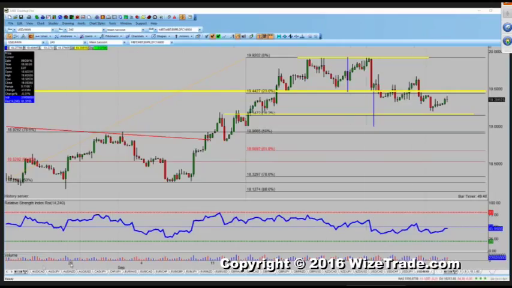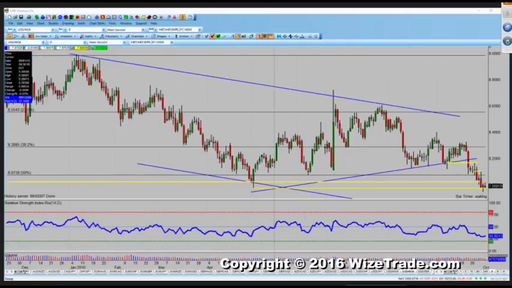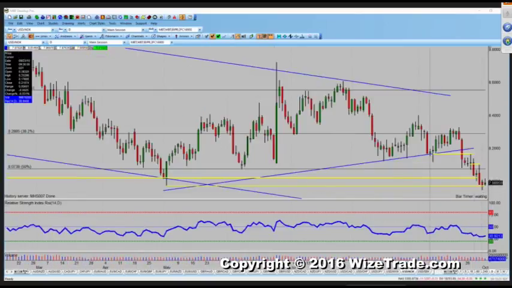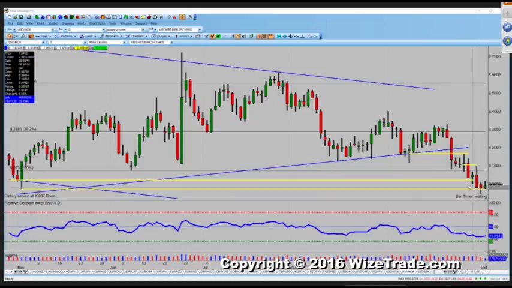Now, you guys got to watch these Nordic currencies. So the US dollar, Norwegian krona: we created this spinning top hammer off of this support. Now check this out.